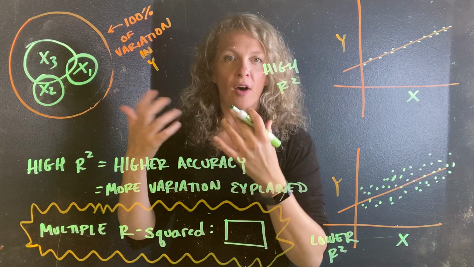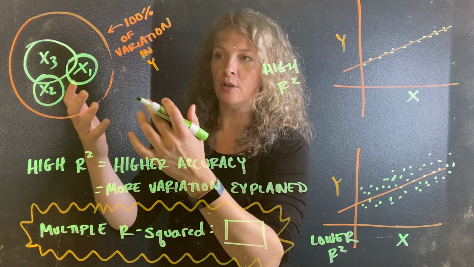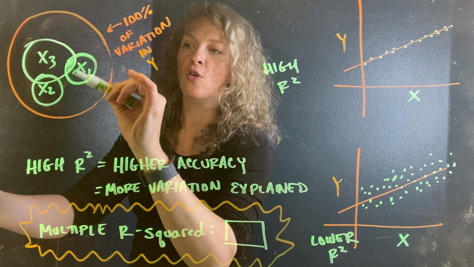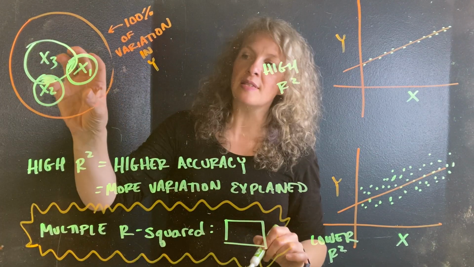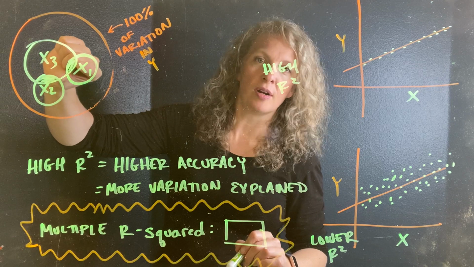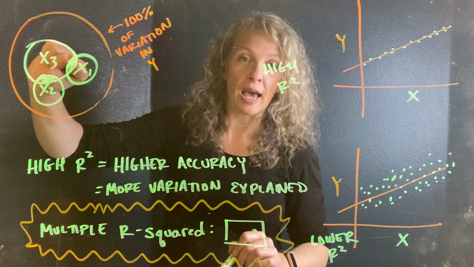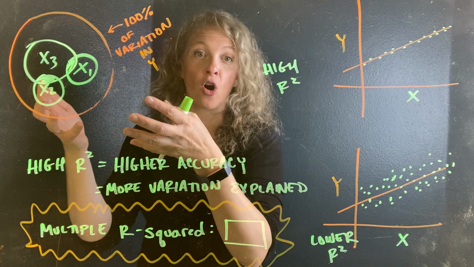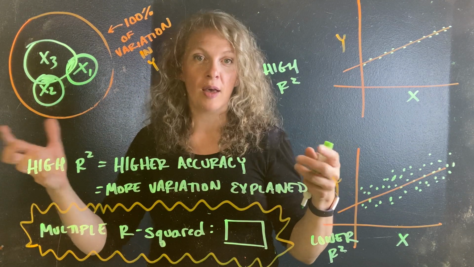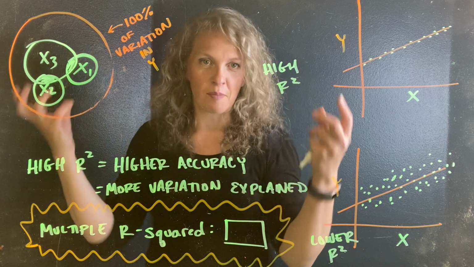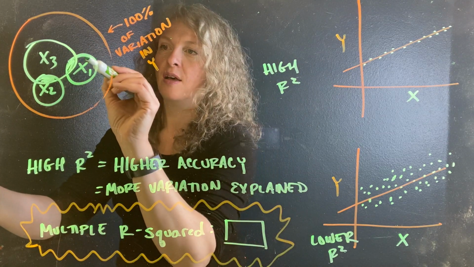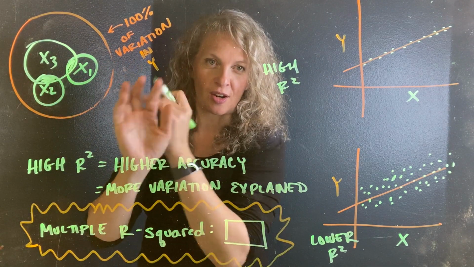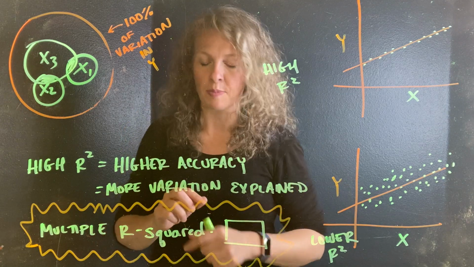You might include other variables that take over part of that variation, and you can see that this shaded part here is overlap between these circles. So just because you have 3 variables doesn't mean your R squared always jumps up by the same amount, because sometimes there's shared variation, and so your R squared won't go up quite as much.